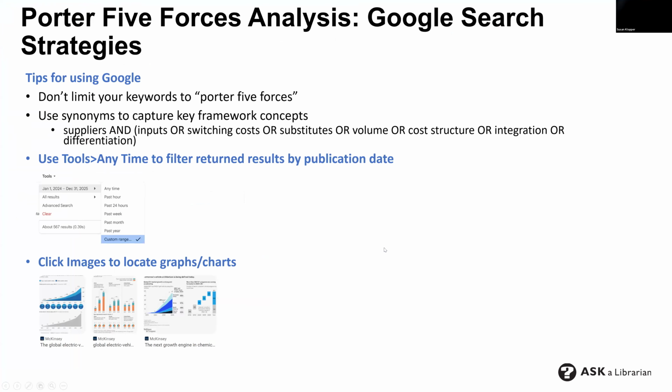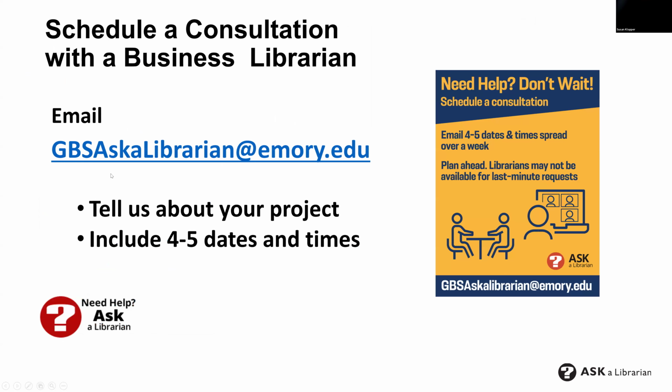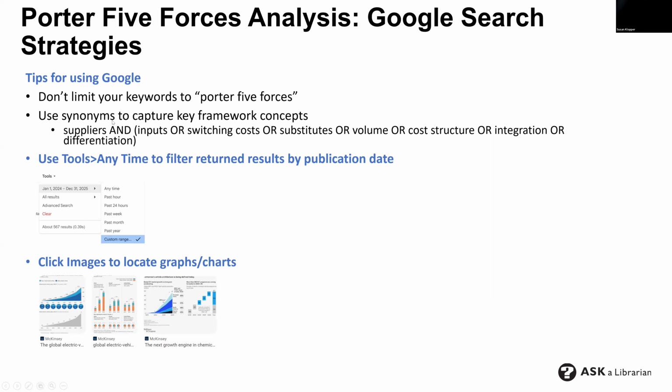All right, so I just want to review some of the Google search strategies that we just explored. First, remember not to limit your keywords to Porter 5 Forces. Rather, use synonyms to capture those key framework concepts, such as when we were looking for suppliers, we added keywords like inputs, switching costs, substitutes.